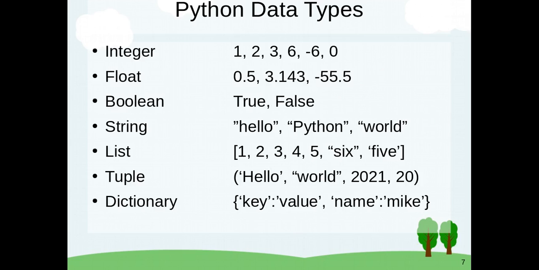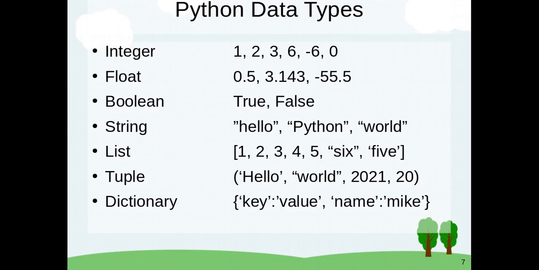Now, let's quickly look at the various types of data we have in Python, for the very basic. At first we have the integer, which has to do with whole numbers, either negative or positive. It doesn't have to be strictly positive or negative. As long as they don't have decimal places or floating point, they are considered integers.